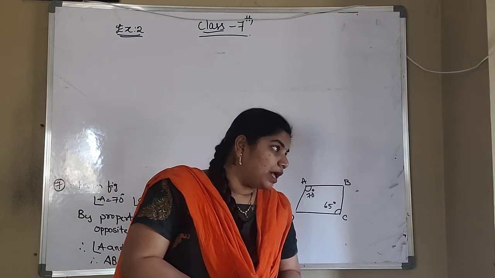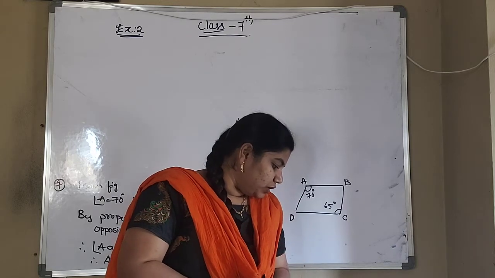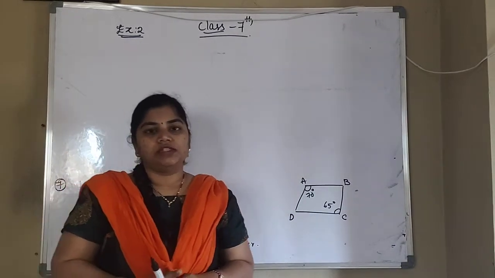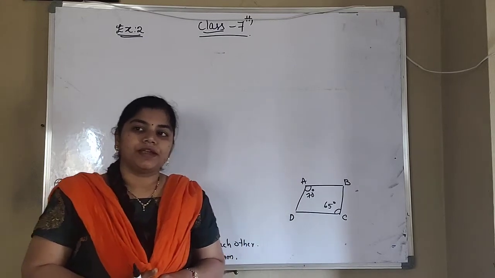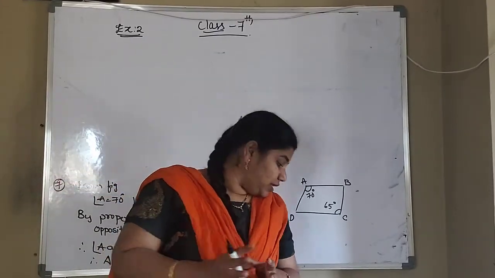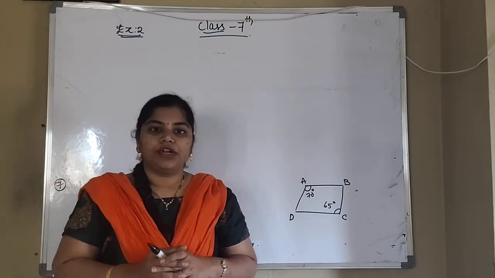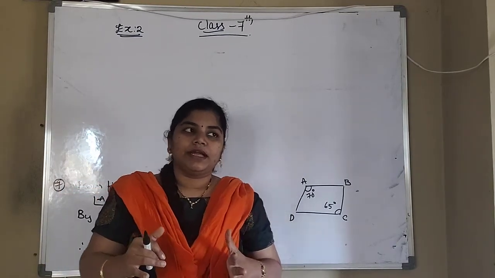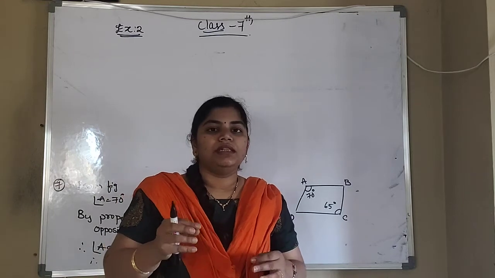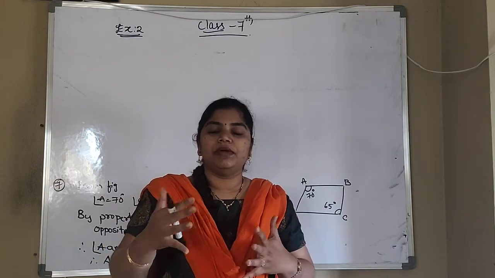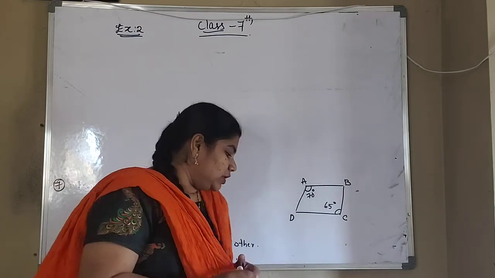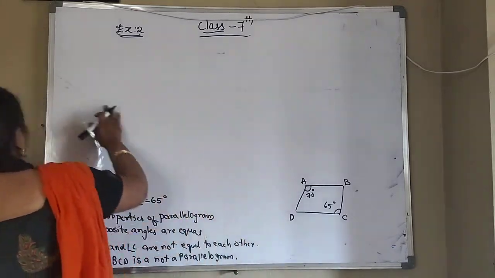The perimeter of a parallelogram is 48 centimeters. Find the length of each side. We have to find the length of each side, and the adjacent sides are given in the form of ratio, that is 5:3. That means the answer will lie in the 5 table and also in the 3 table. So we will solve this.